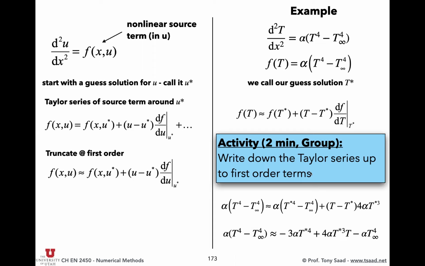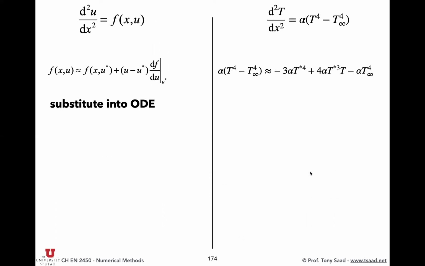My full source term becomes minus 3 alpha t star to the fourth plus 4 alpha t star cubed times t, minus alpha t infinity to the fourth. Again, t is our unknown, and t star is only a guess. That's why there's no nonlinearity in terms of t anymore. Everything is linear in terms of t, as long as we know t star. And t star is a guess, and we're going to refine it. We'll see in a second.